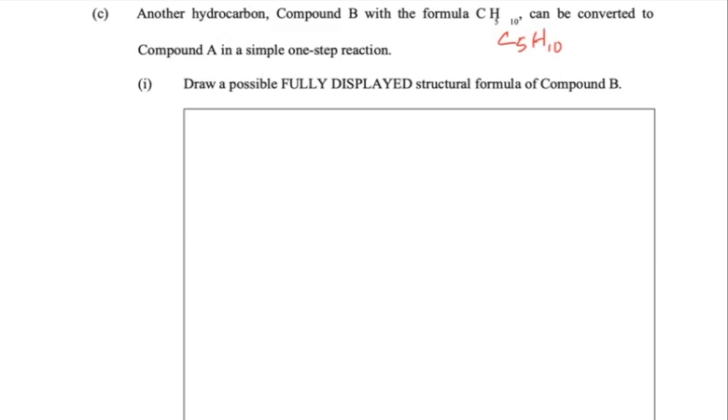What kind of compound is this? What family is it from? Or what's its name? Pentene. Pentene, all right. So we can just put the carbon double bond on the first carbon. 1, 2, 3, 4, 5.